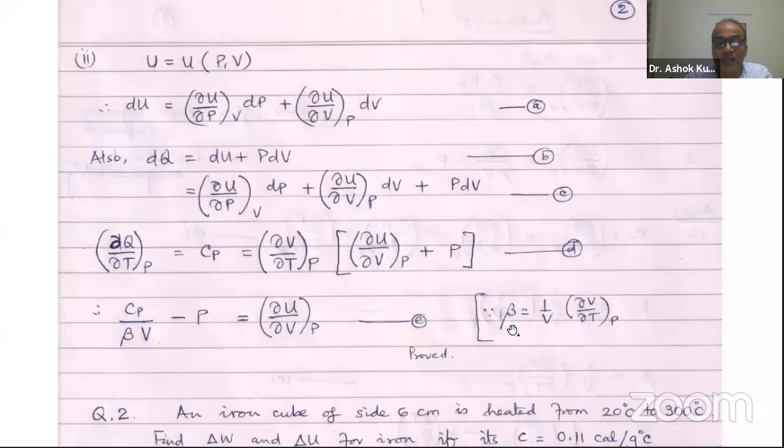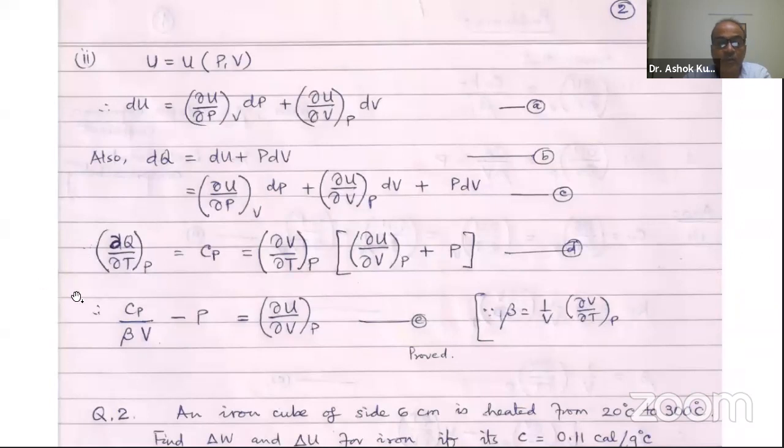This is because beta is defined as 1 by V del V upon del T, so del V upon del T at constant pressure is left after dividing by the 1 by V term. That is why the 1 by V term is put over here, and we have this relation.